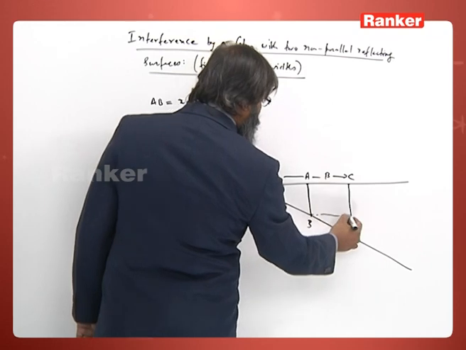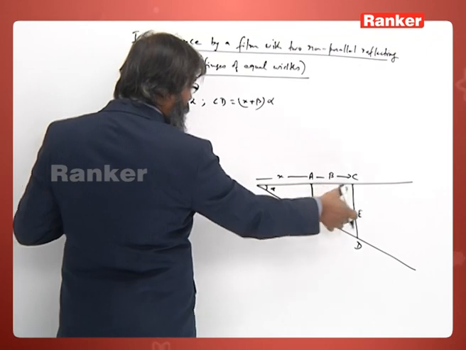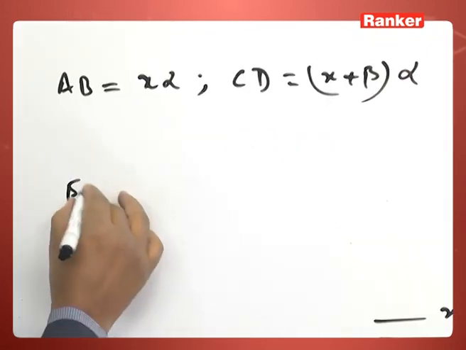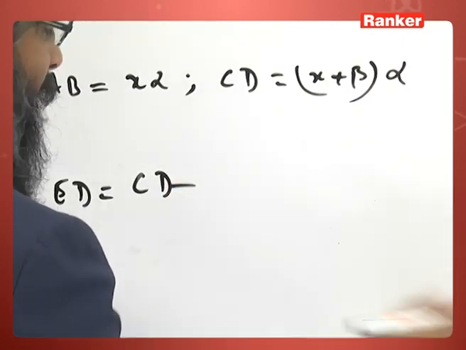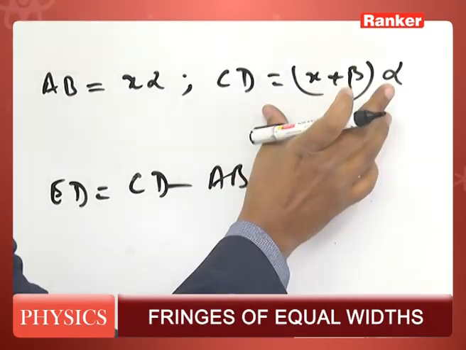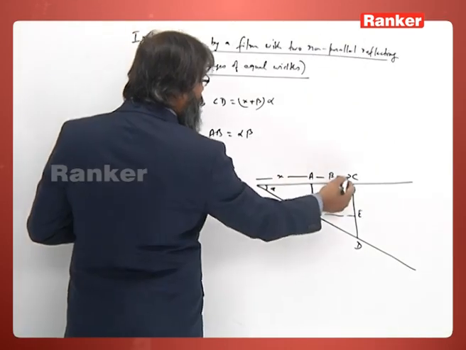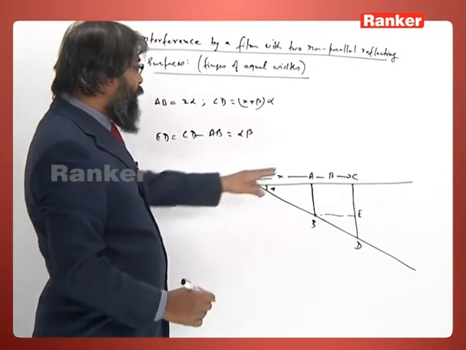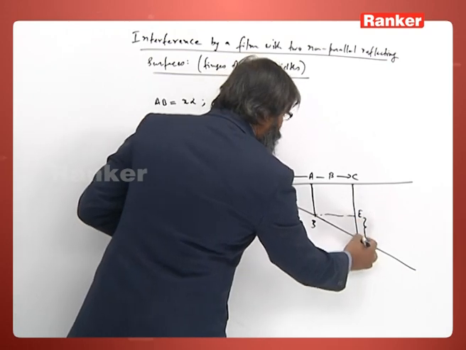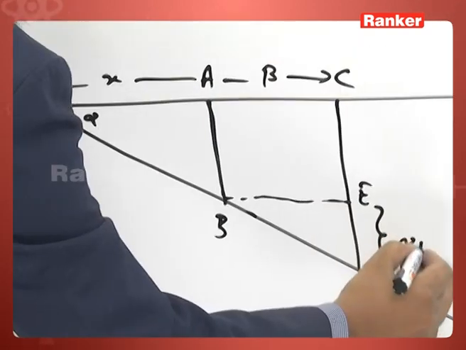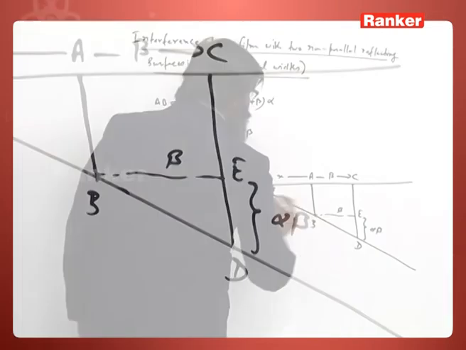So I drop a perpendicular here, this is E. So AB is equal to x alpha and CD is (x plus beta) alpha. So ED will be equal to CD minus AB, that is this minus this, that is equal to alpha beta, where beta is the difference between two consecutive brightnesses. So we got this as alpha, this angle, and beta.